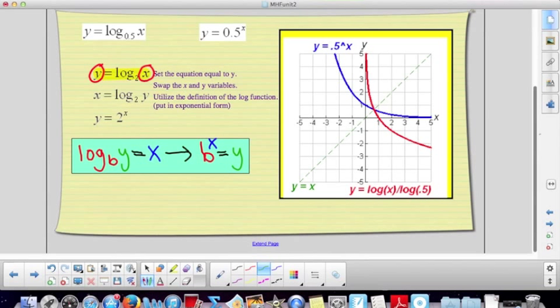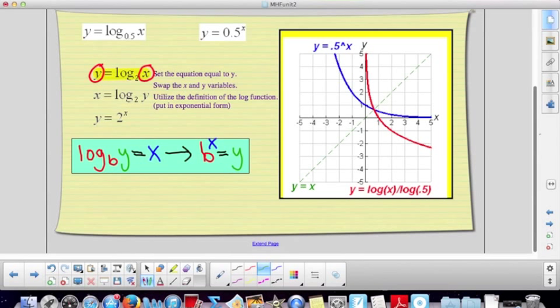So that's how we go from x is equal to log y to the base 2. By applying that rule, we can translate it to y is equal to my base, which is 2, to the power of x. So that's how we come up with the equations.